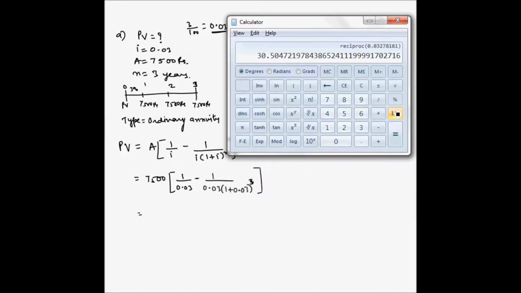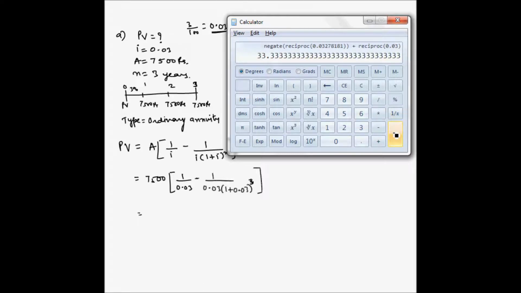So 1 divided by x. Now this is negative, so minus, and then plus 0.03, 1 by x. So that is the reciprocal of 0.03.